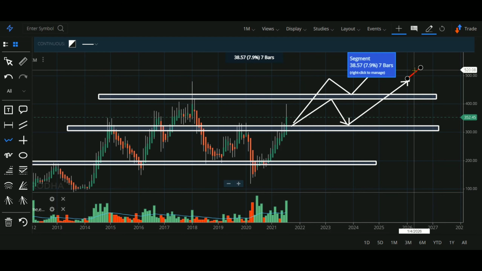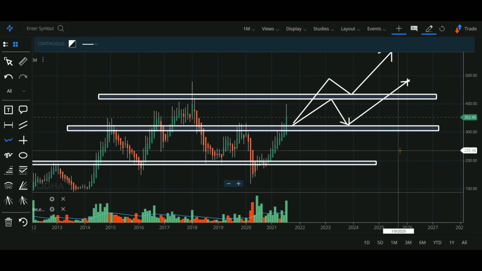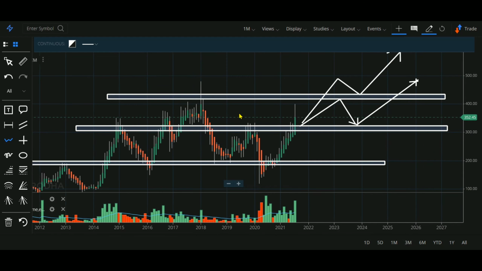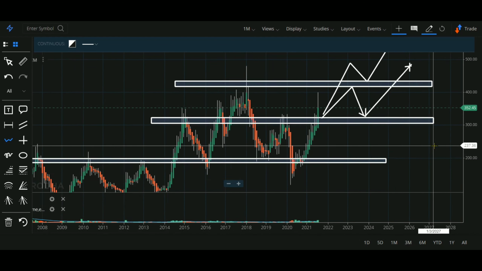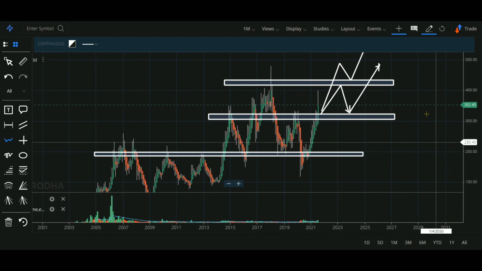But always what you need to make sure is just look at the major zones that a chart has already formed, so that you can be sure about trading breakouts, or you can know that there is a proper breakout that is going to happen or a breakout that has happened, so you can properly track it. So that is one thing that you need to take care of while doing technical analysis.